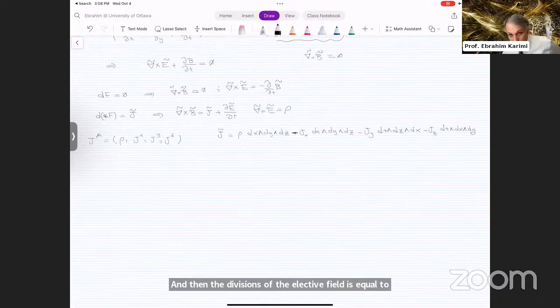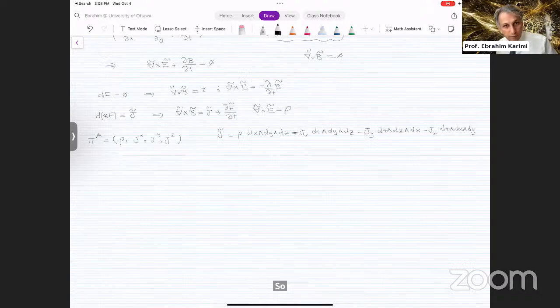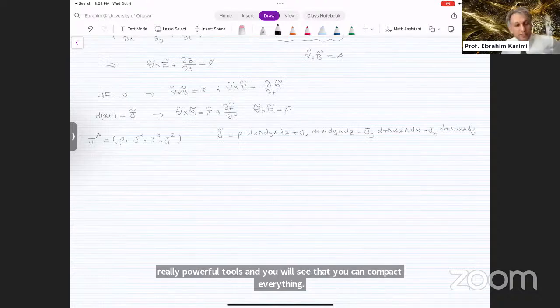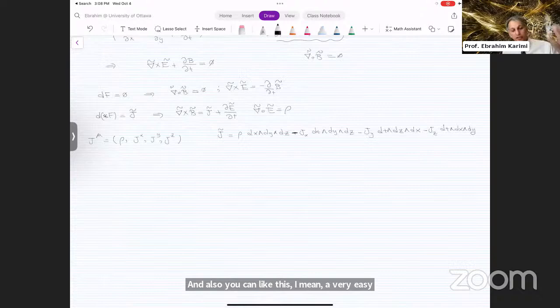Forms are really powerful tools, and you will see that you can compact everything. Also you can write the Stokes theorem in a very easy way. So the entire Stokes and Gauss theorem will be given in a simple format.